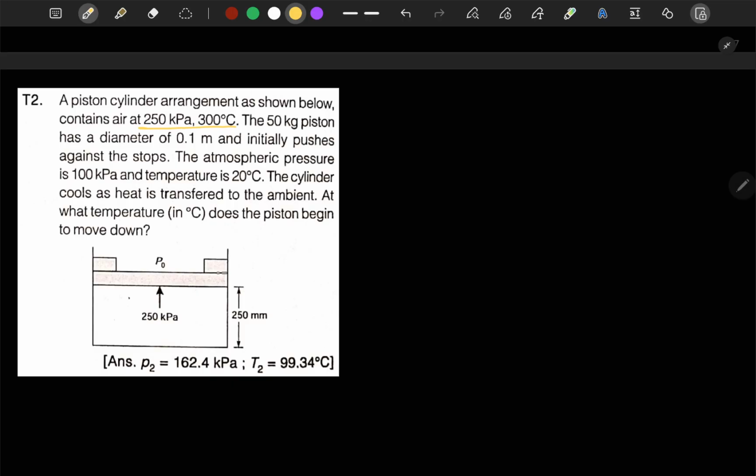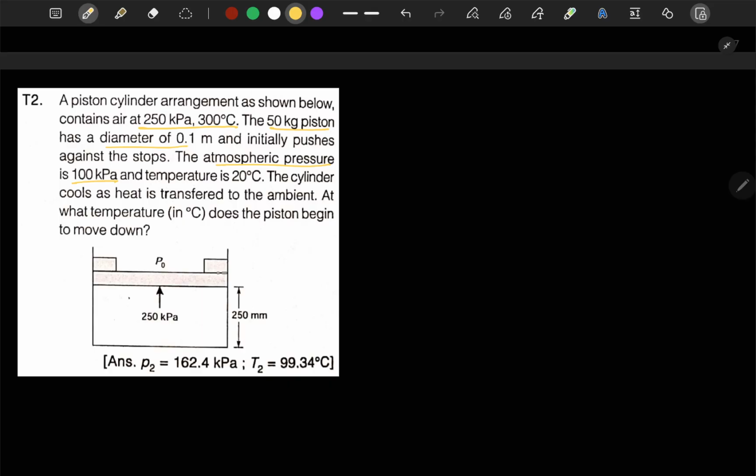This is the initial condition. The 50 kg piston has a diameter of 0.1 meter and initially pushes against the stop. The atmospheric pressure is 100 kilopascal.